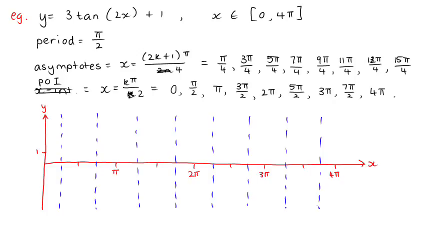Okay, what once were x-intercepts are now being moved up by 1 space. So 0 is now up here. Pi on 2 would have been here, but it's now up here. Pi would have been on the x-axis, but it's now moved up 1 space. So you can see it's going to look exactly the same as it was going to, but it's just been moved up by 1 space.